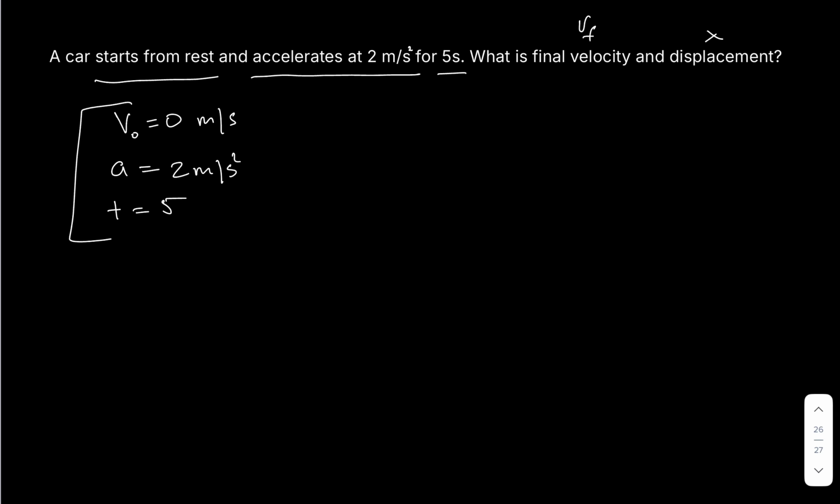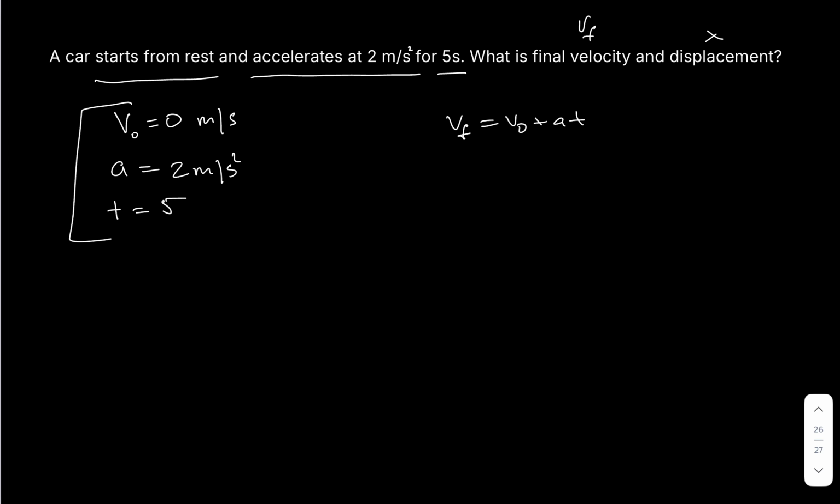Then look through your formula sheet to see how you can connect your starting point to your end point. So I'm going to use the formula v final is equal to v initial plus a t. This is on my physics 1 formula sheet. I have v0, a, and t given, and I'm looking for vf, so this is perfect.